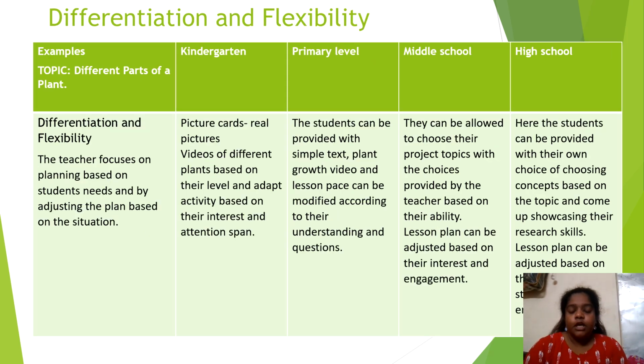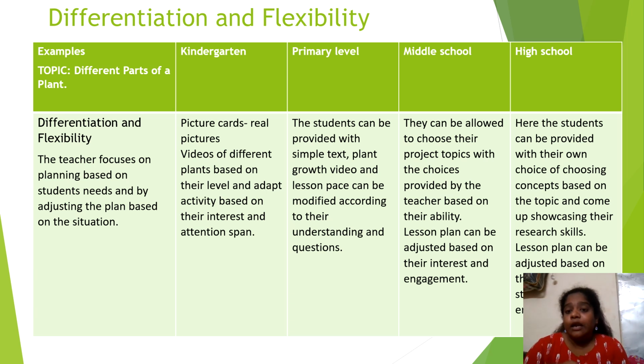Differentiation and flexibility. The teacher always keeps in mind the students' needs, interests, and learning style, and based on that, the activities are formed. And flexibility is the way the lesson plan can be adapted or adjusted based on classroom situations. For kindergarten, we can show real pictures, videos, and do activity-based learning. Primary level can also be shown a plant growth video or provided with a simple text to be read.